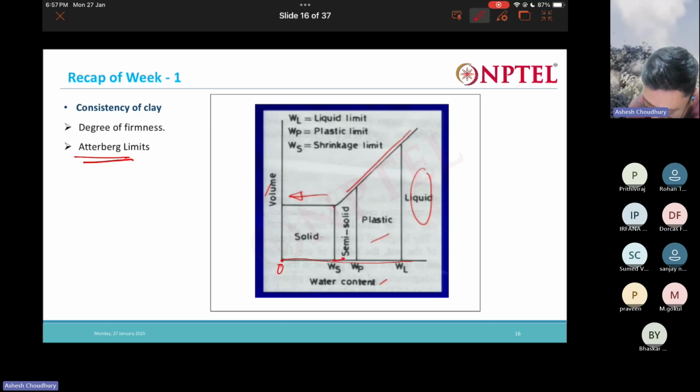Beyond this point, the soil is fully saturated, and in these parts the soil is partially saturated. So the shrinkage limit is the point below which the soil mass is partially saturated, and at which the soil is fully saturated. Okay, so keep this in mind.